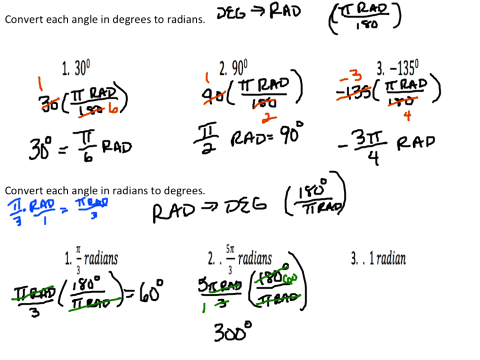If I have 1 radian, you have to remember that 1 radian is what you get when your arc length and your radius are equal to each other. And I need to have the pi radians in there somewhere so that they will divide out. So here's how I figured it.